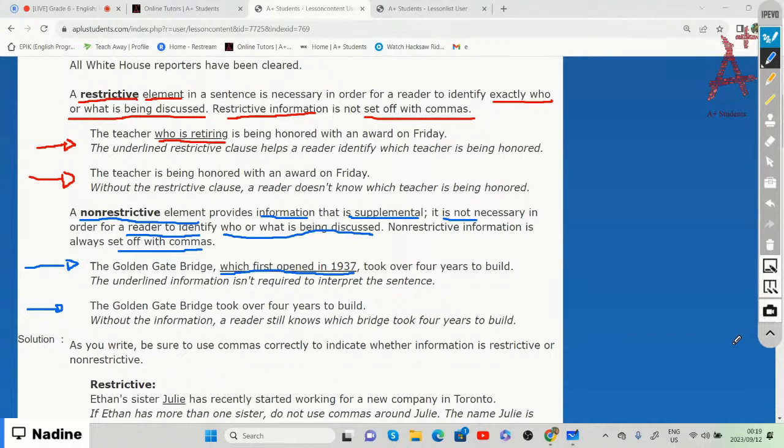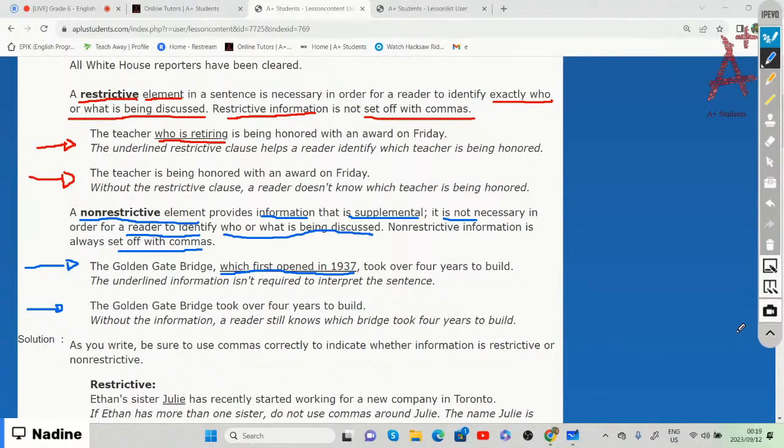No need for the added information which first opened in 1937. That is not even necessary, right? The underlined information is not required to interpret the sentence because the Golden Gate Bridge took over 4 years to build is already straightforward.